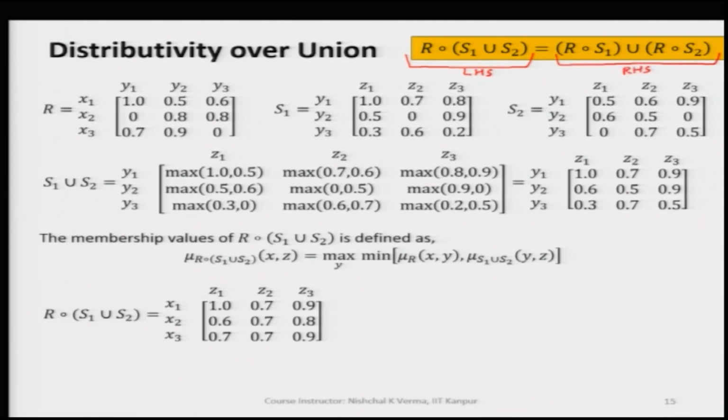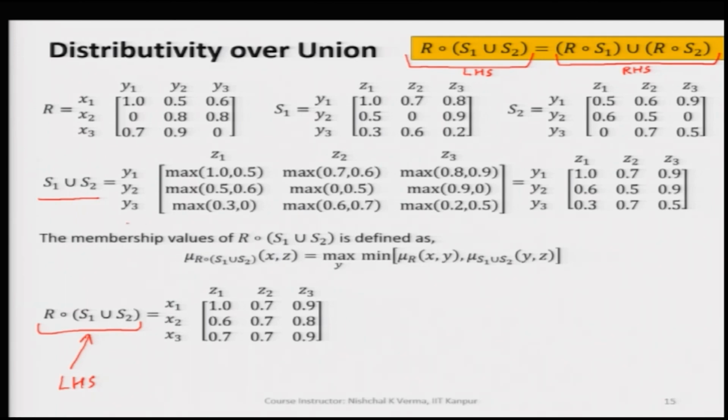Let us move ahead and first take the LHS part. For computing the LHS, we first need to find the union of S1 and S2. We already know how to find the union of S1 and S2: we simply take the max of the corresponding membership values.